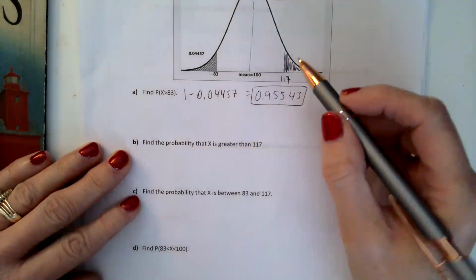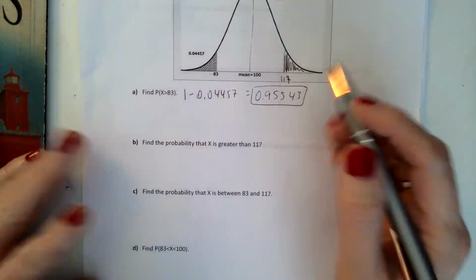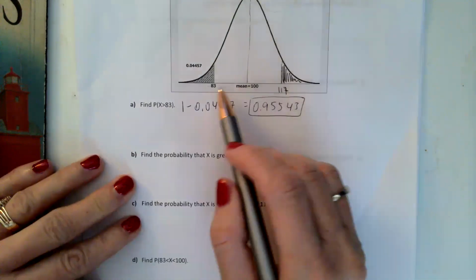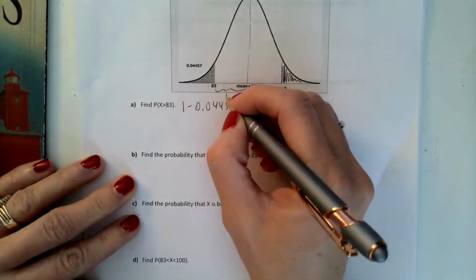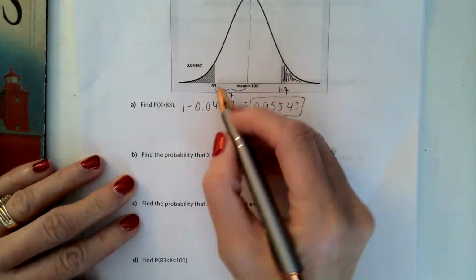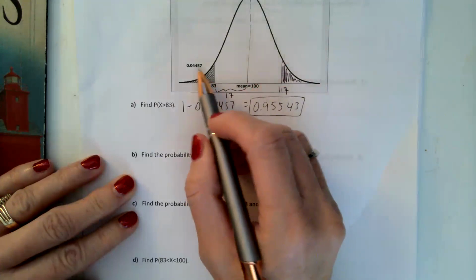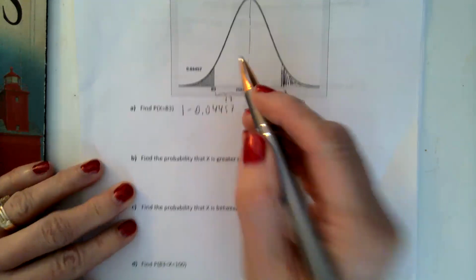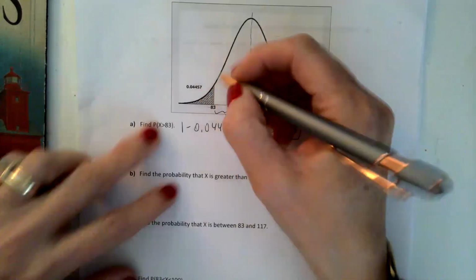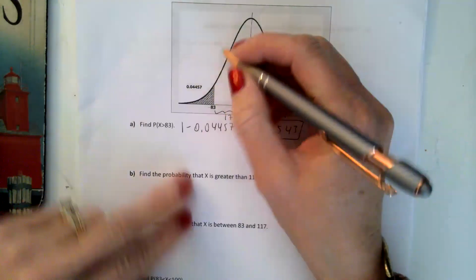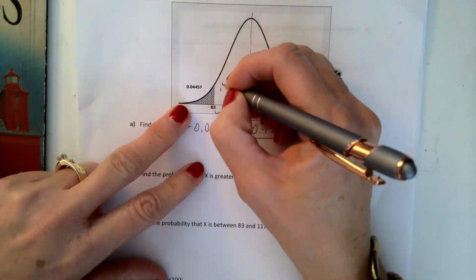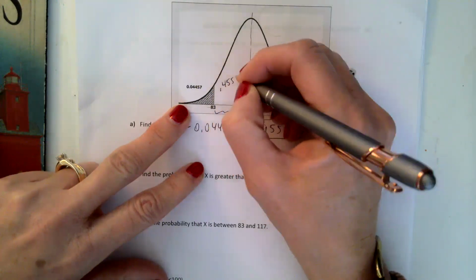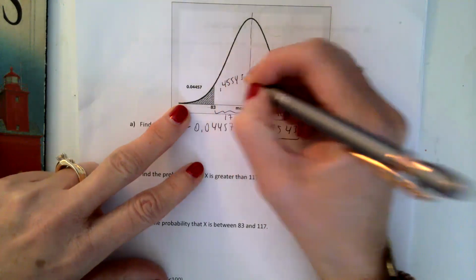Well, we don't know the standard deviation to help us put it into the computer, but what we do know is 83 is 17 spaces from 100, and its area is 0.5 minus 0.04457. So that is going to be 0.45543.